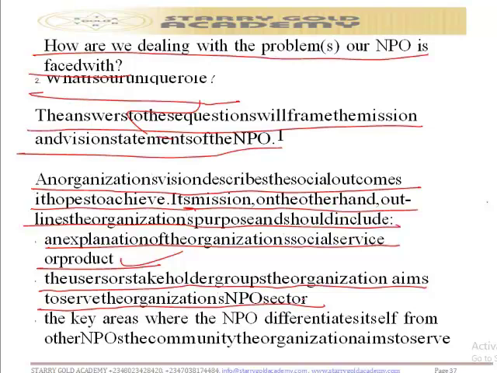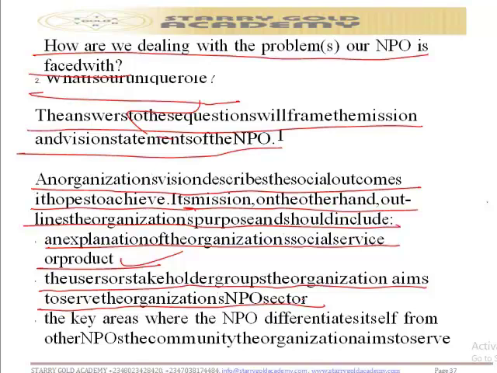Of course, what we are trying to say here is that every non-profit organization has different sectors that they try to serve. We have some non-profit organizations that serve women. We have some that serve less privileged women. We have some that serve autism. We have some that serve children with disabilities. We have some that serve widows. We have some that cater for just infants.